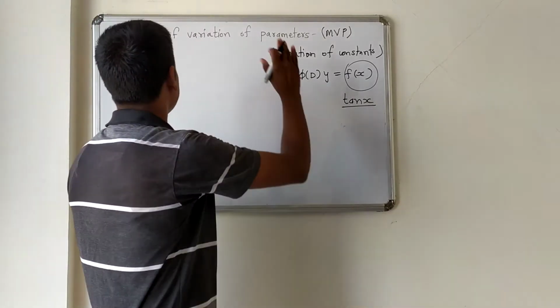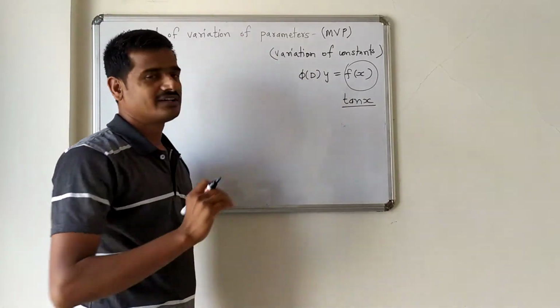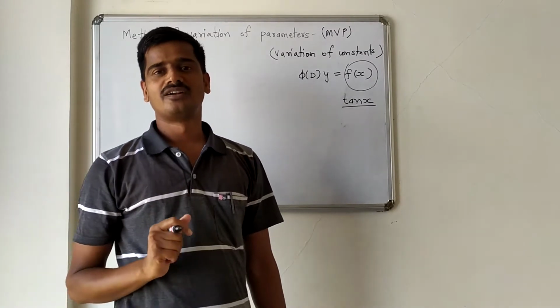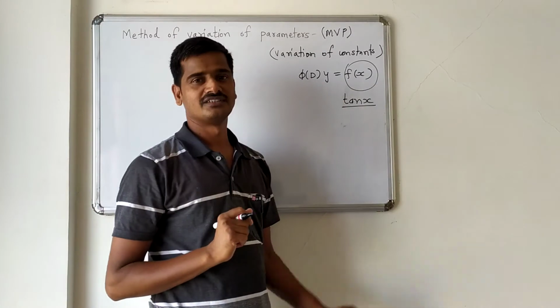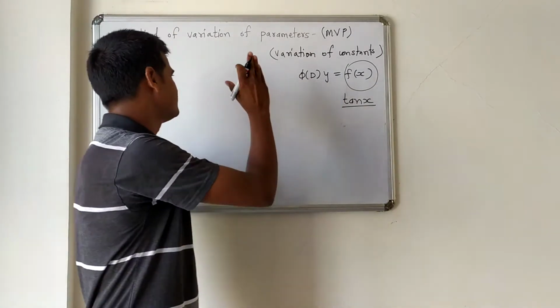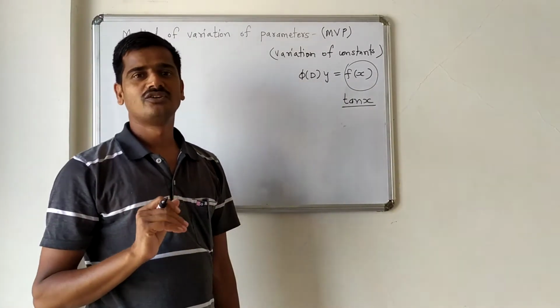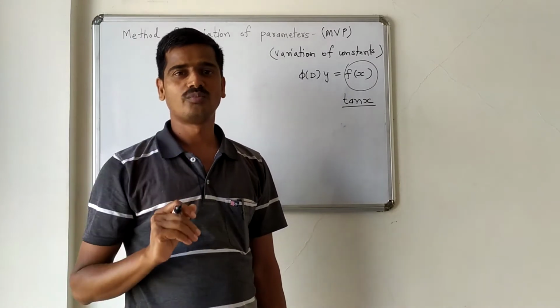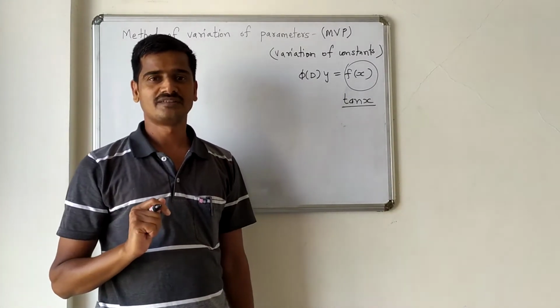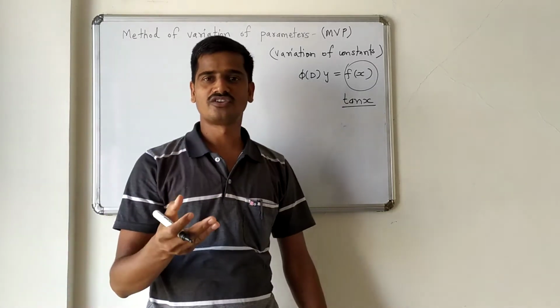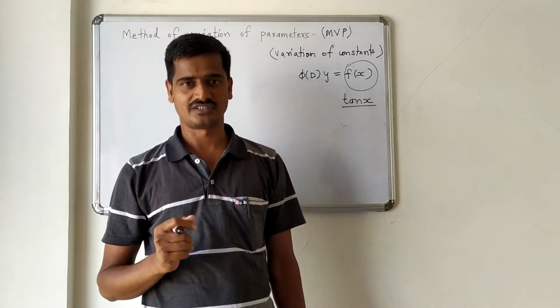Therefore, the method of variation of parameter plays a significant role in getting the particular integral of a linear differential equation. So in this class, I will explain how to find the particular integral of a second order linear differential equation with constant coefficients or with variable coefficients.